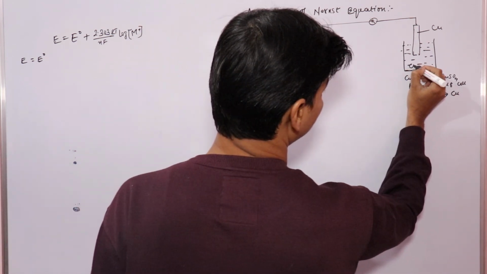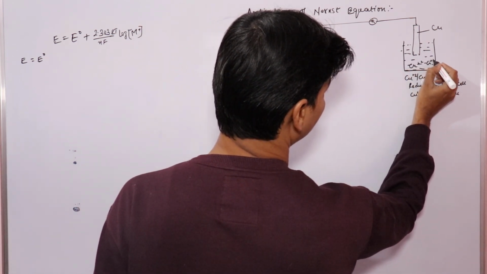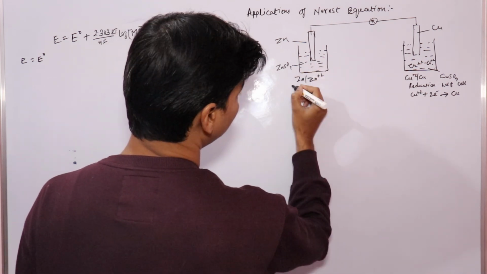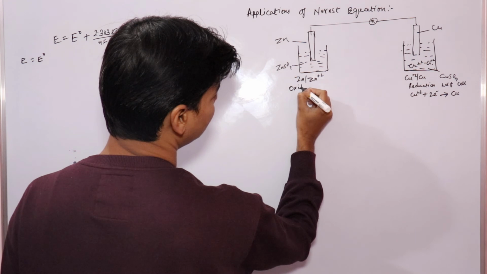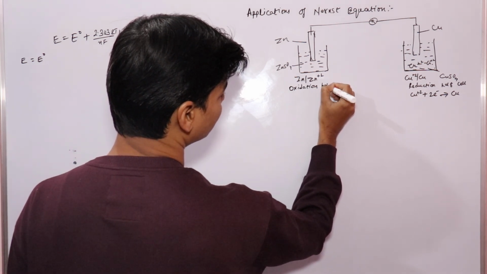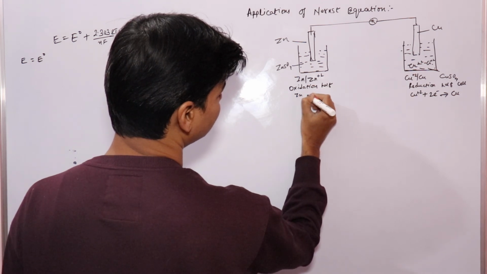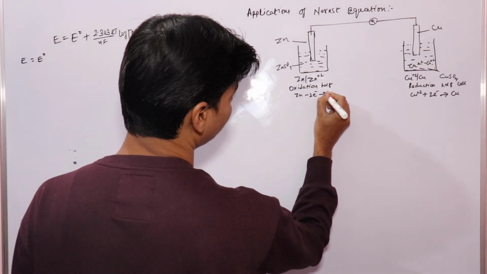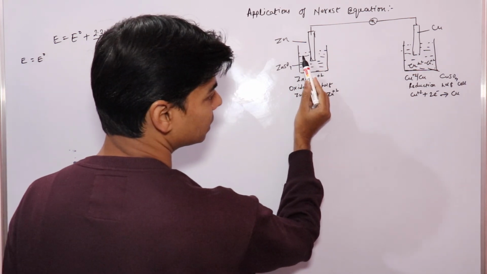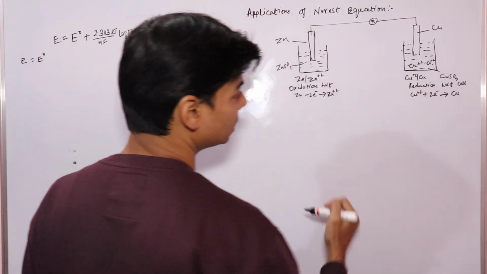Here the concentration of copper ions is high in the beginning. In the zinc electrode, where oxidation takes place, we call it the oxidation half cell, where zinc loses electrons and forms zinc ions. So here the concentration of ions is increasing, and there it is decreasing.